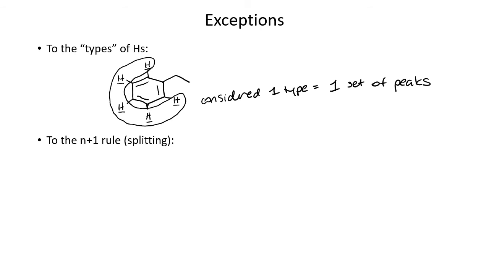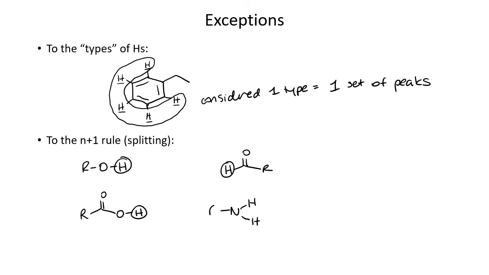So main exceptions to these rules are hydrogens attached to oxygens, so in alcohol groups, when we have them attached to carboxylic acids, hydrogens involved with aldehydes, and hydrogens attached to nitrogens in amines.